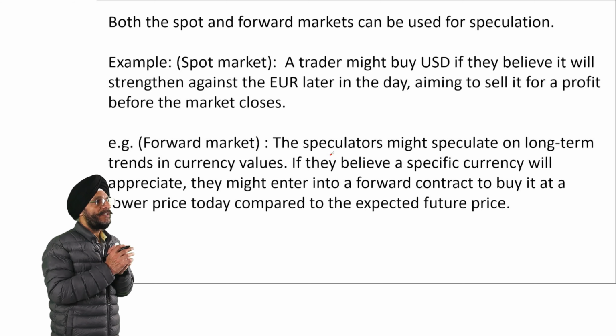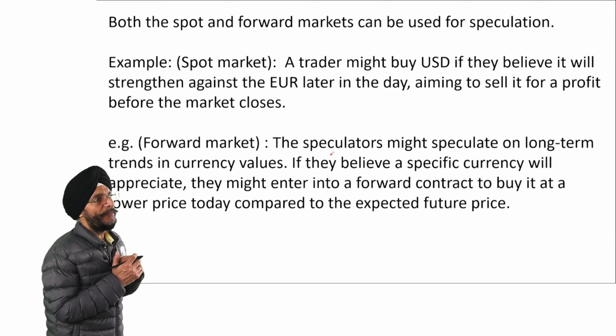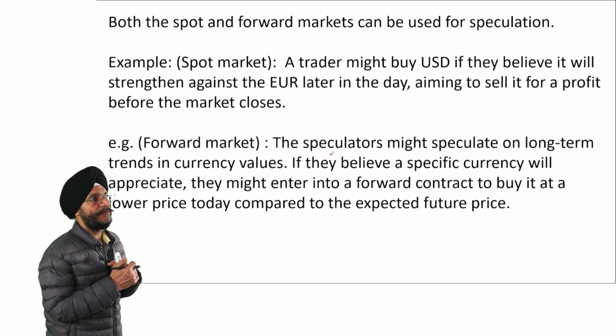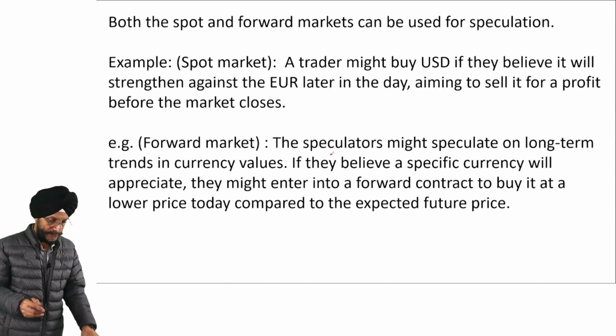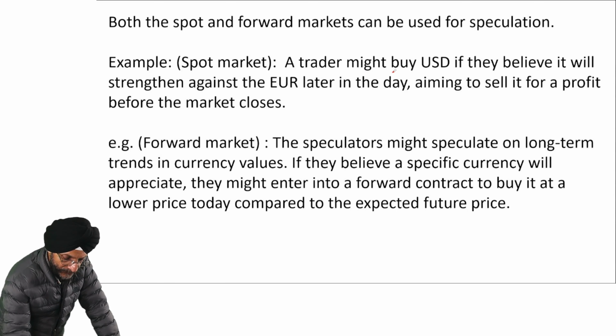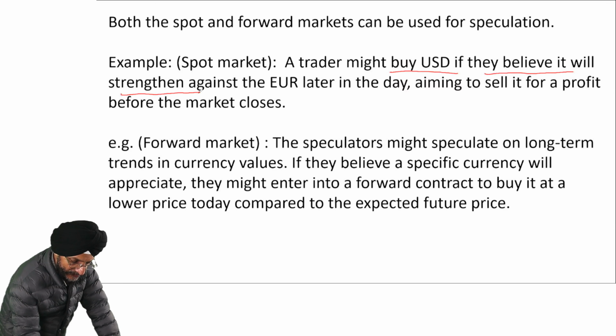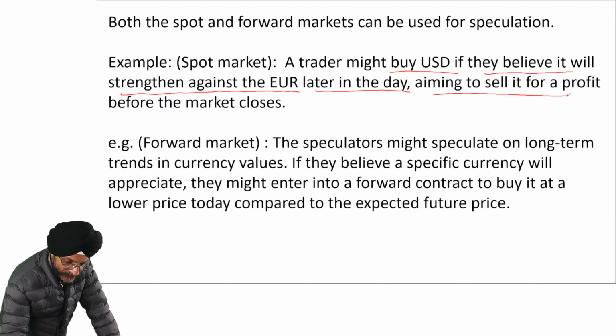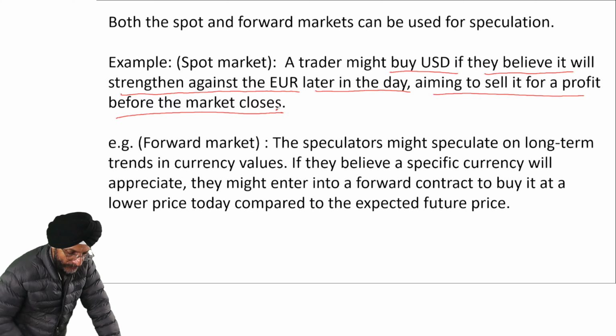Both the spot market and forward markets can be used for speculation. Examples are there. In case of the spot market, a trader might buy US dollar if they believe that it will strengthen against the euro later in the day, aiming to sell it at a profit before the market closes.